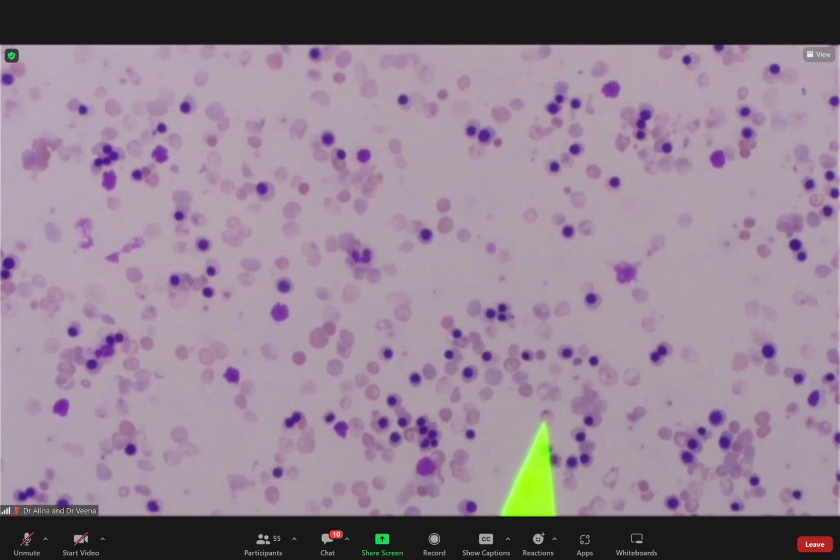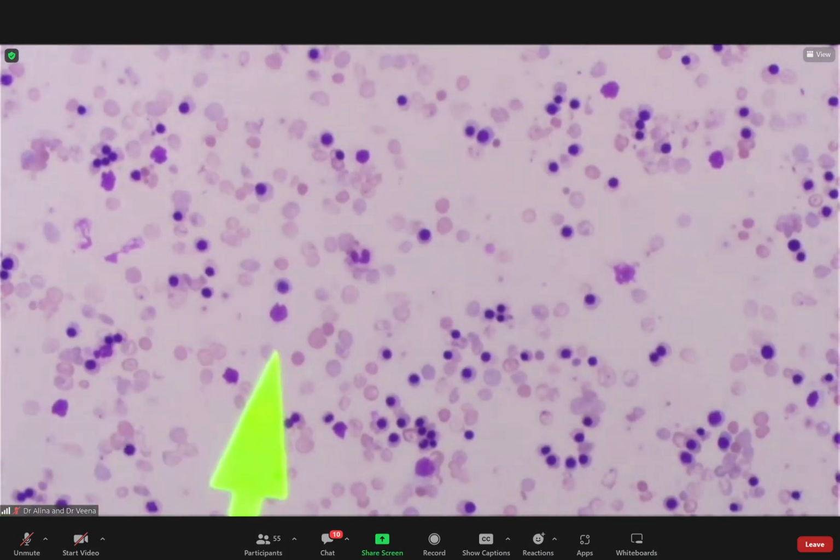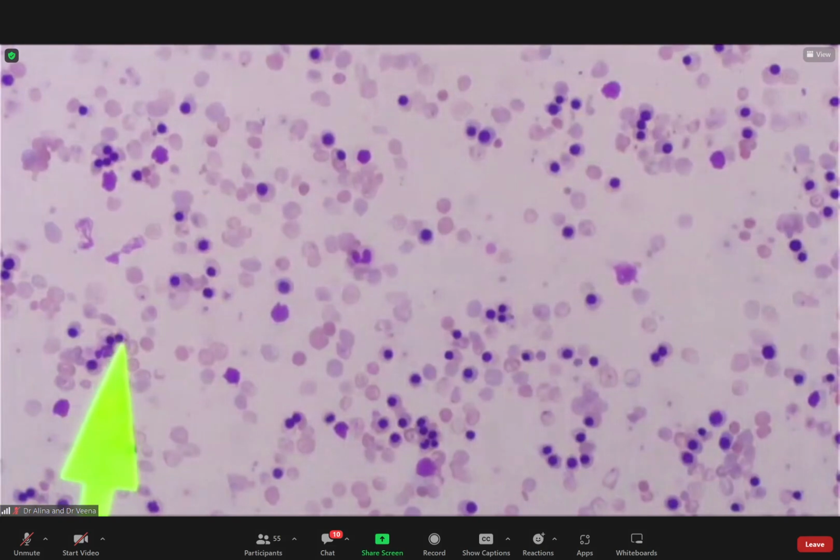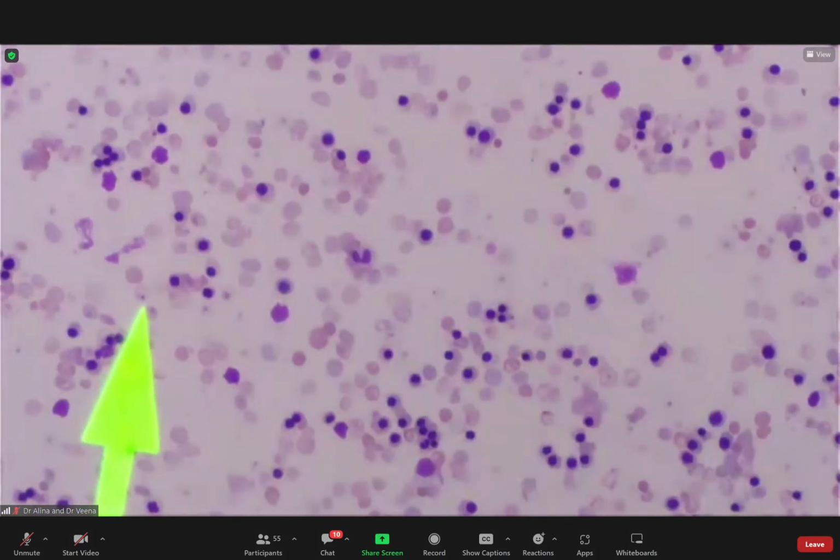Oh, okay, there's another one here. So again, this patient exhibits post-splenectomy changes, correct?